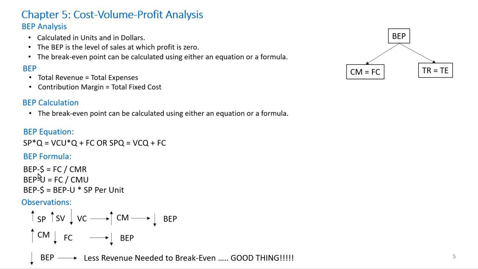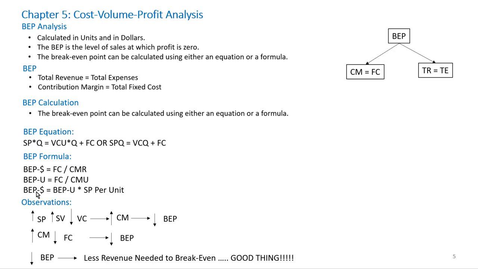Now, if we want to determine the sales units needed to break even, we divide the total fixed cost by the contribution margin per unit. Knowing the units needed to break even allows us another way to determine the break-even sales dollars by simply multiplying the sales price by the break-even units.